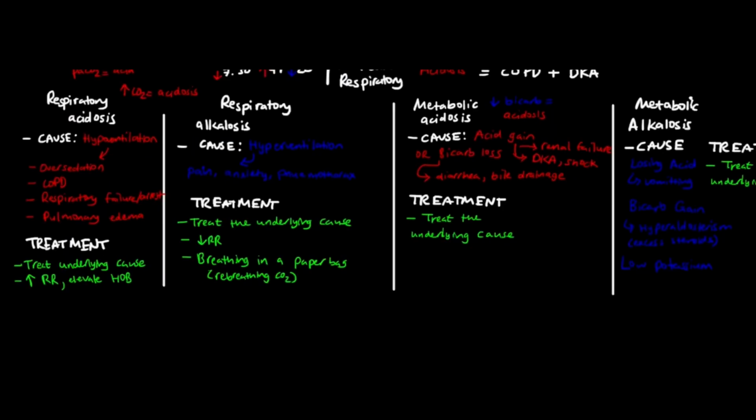An alternative explanation to what might be causing a situation of both metabolic and respiratory acidosis could be someone who has pulmonary edema and they have severe kidney failure or renal disease.